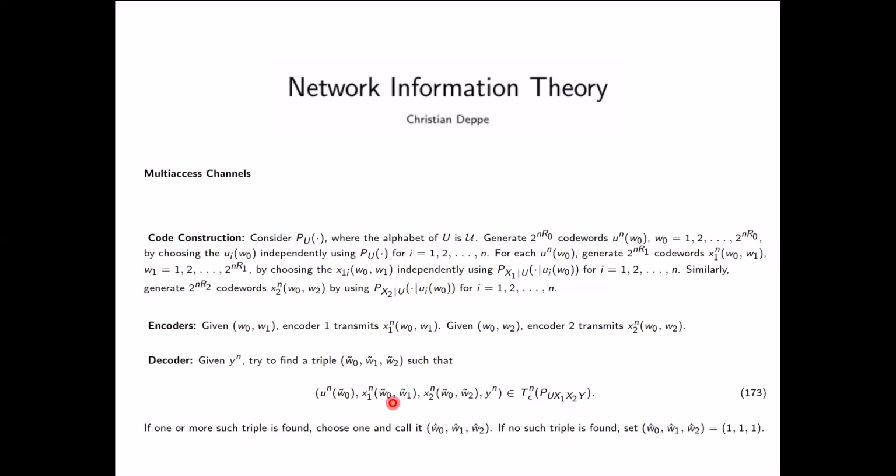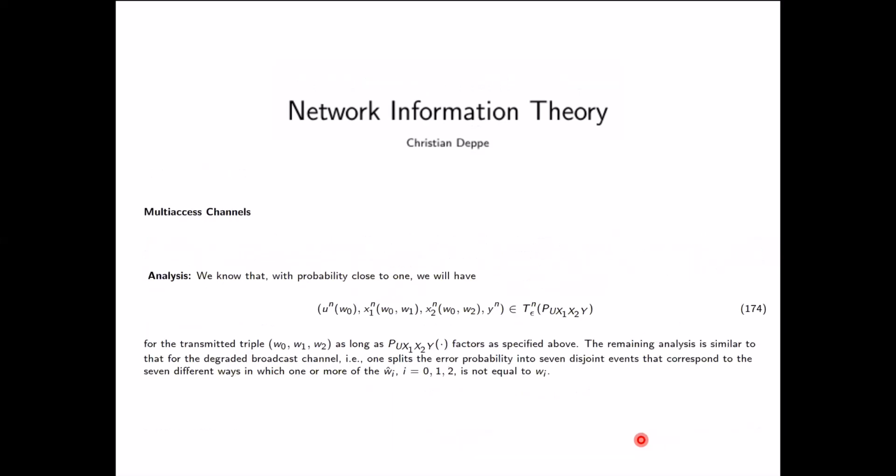If one triple is found, then choose one and call it the estimate of W0, the estimate of W1, and the estimate of W2. If no triple is found, then we put all 1, but this will happen very seldom.